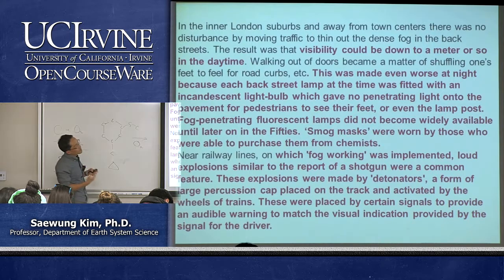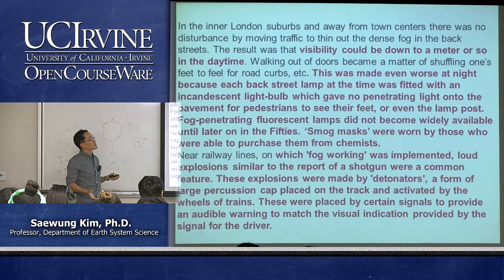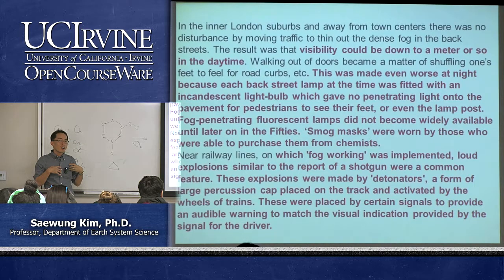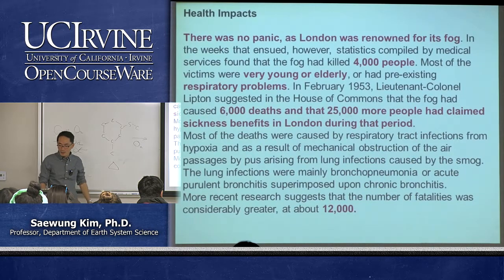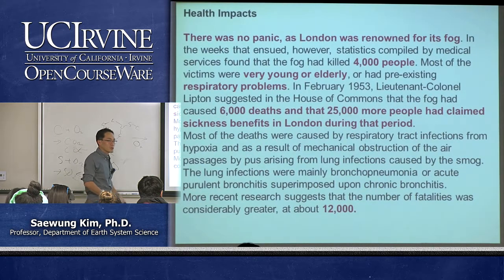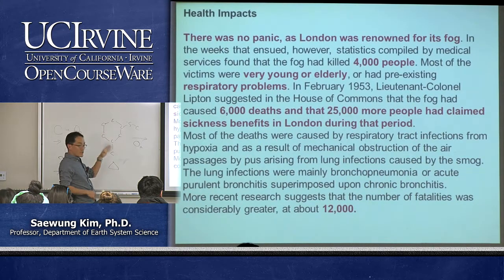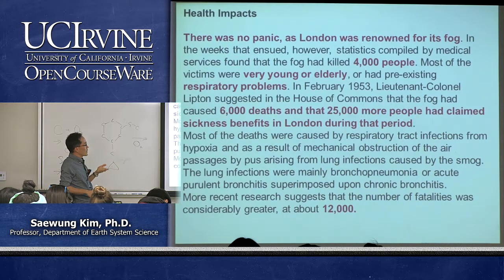So why was visibility so horrible? Because there was so much particulate matter in the air, and obviously there's no other way, you've got to just breathe it. So it accumulates in your lungs and starts to cause health problems, right? Around 4,000 people died directly due to this air pollution, basically from respiratory health issues, mostly the young or elderly.